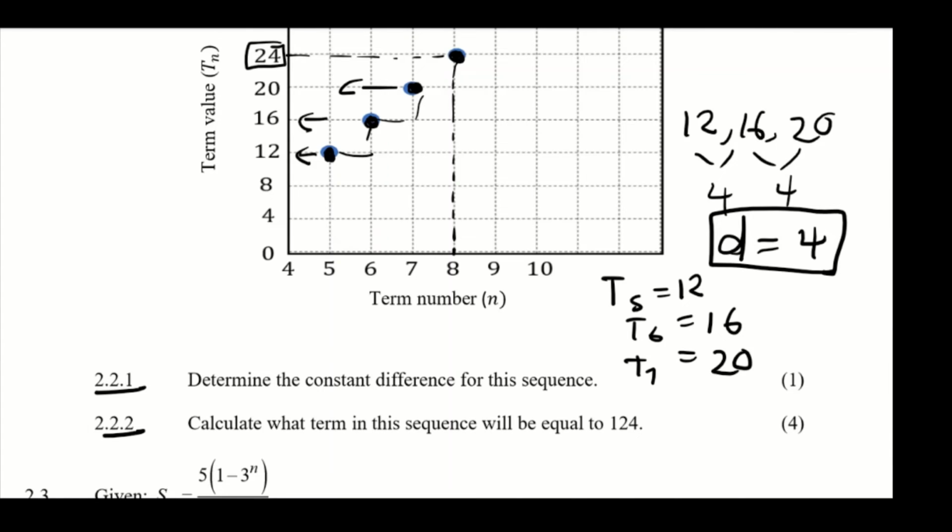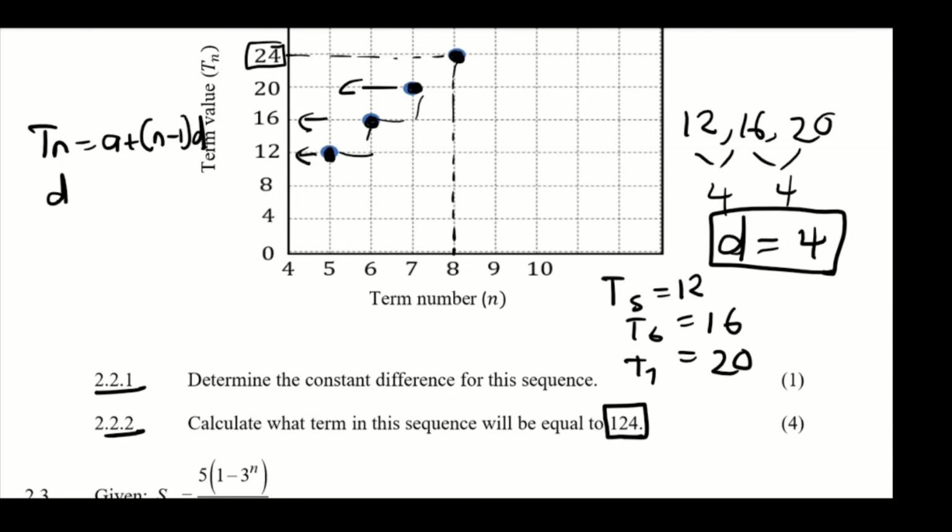So now we're going to go to 2.2.2. They say calculate what term in this sequence will be equal to 124. So I want to know the term. Basically you're going to use the equation Tn is equal to a plus n minus 1 times d, right? Now we don't know the first term, but we know the difference.